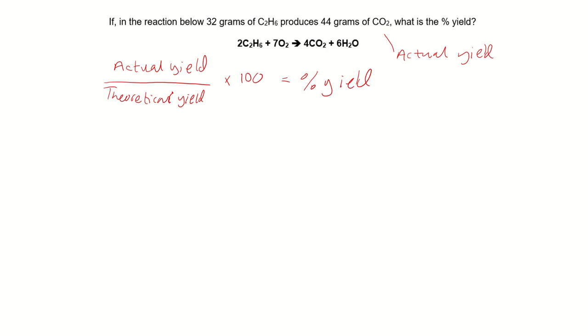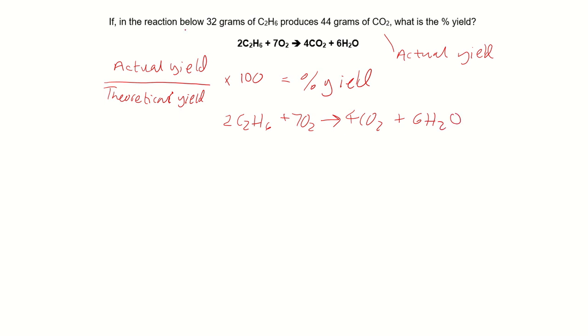So let's write the equation down here one more time. It's 2 moles of C2H6 plus 7 oxygen produces 4 CO2 plus 6 moles of H2O. Let's write down what we have.